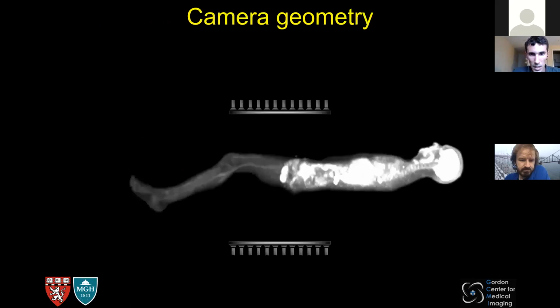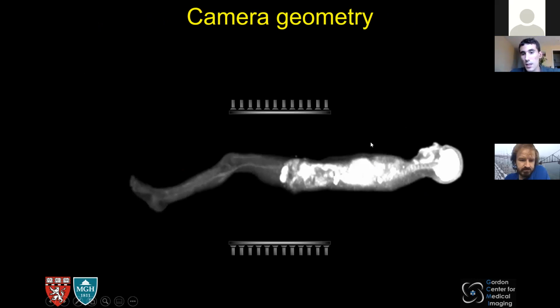Now we're going to talk about some basic aspects of the geometry of the PET camera. This is a sagittal view of the PET scanner. You have to imagine that you have rings that are coming in and out of the slide here. And this is your patient, on a table, of course.